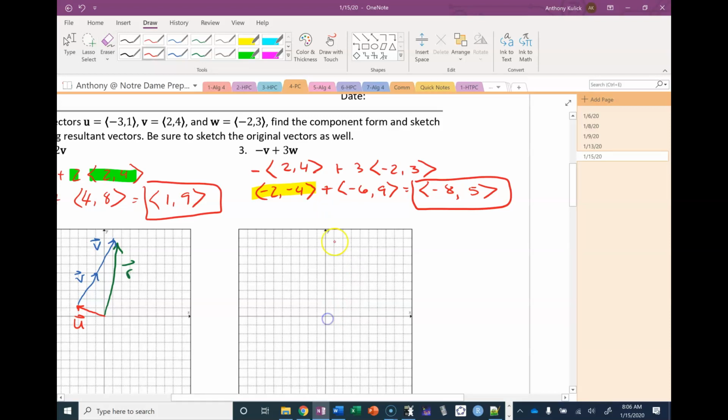So it probably makes more sense to just draw -2, -4 there. Yeah, in all reality, it probably makes the most sense to think about it that way. Is that okay there, Kendall?